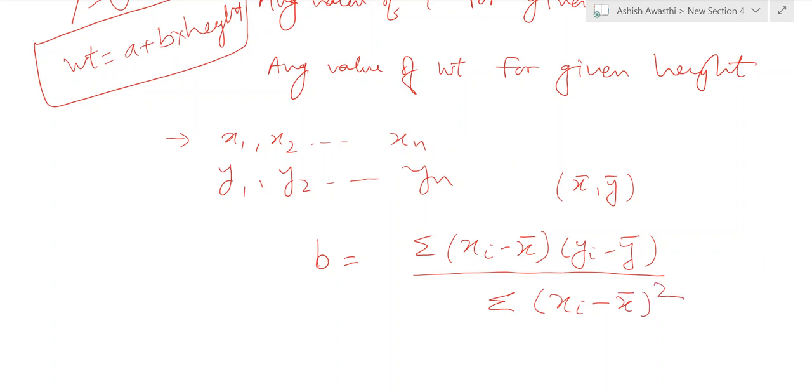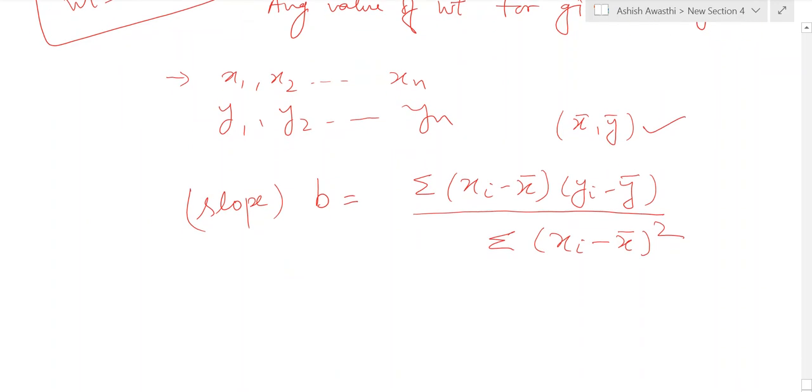In this way we can calculate the slope or beta of our regression line if we have two variables x and y. As we are aware that our regression line passes through x bar and y bar, we can easily estimate a as a is equal to y bar minus beta times x bar. So now we have both the constants a and b for our linear line.